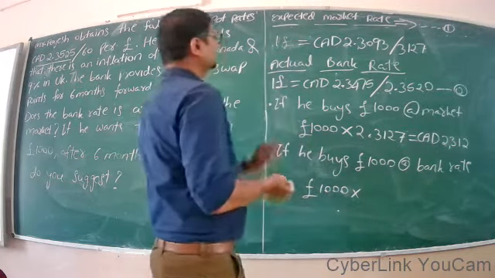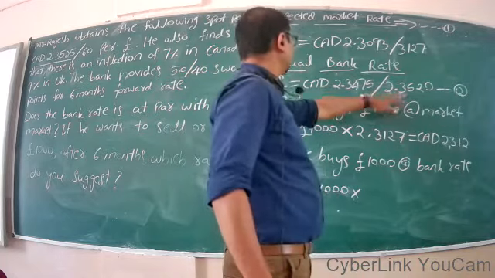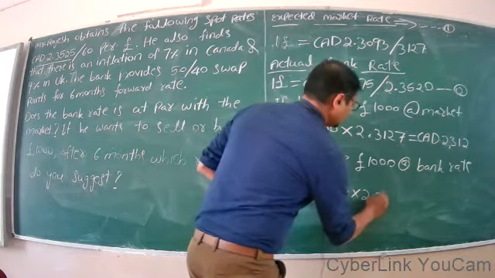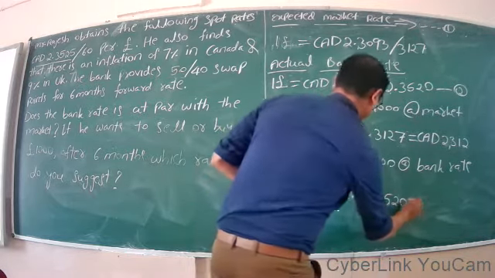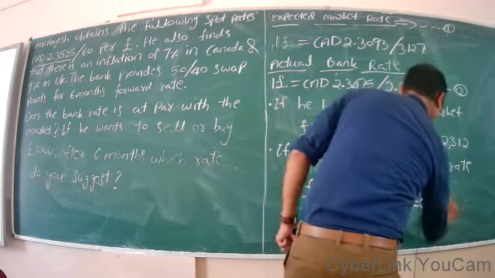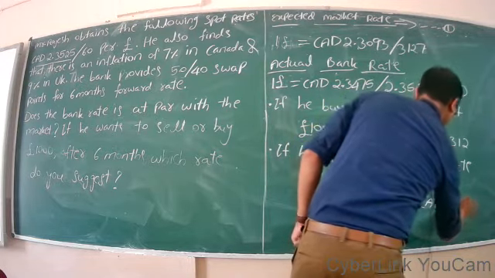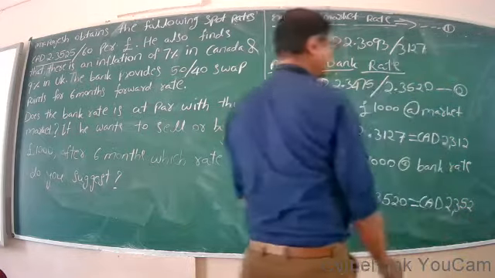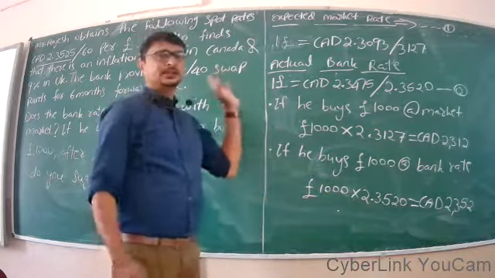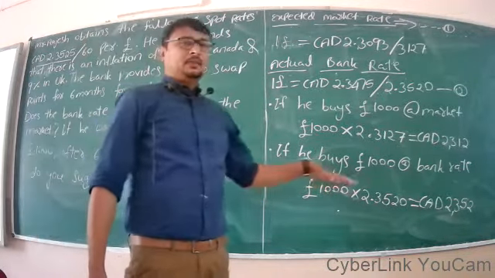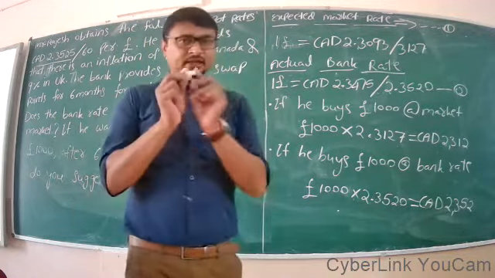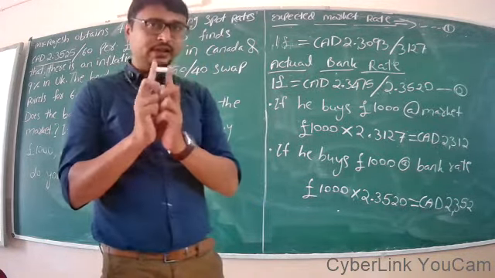So the bank's ask price is 2.3520, that is Canadian dollar 2352. Since Mr. So and so is the buyer, there are two options available with him. He is buying 1000 sterling pound.